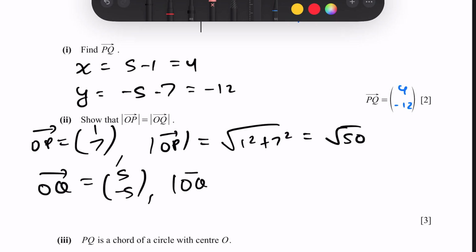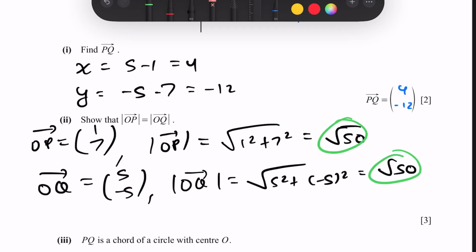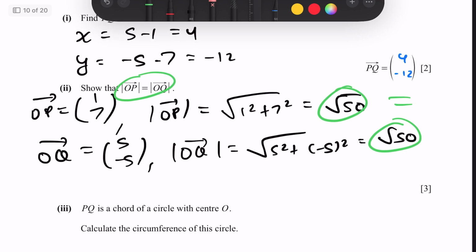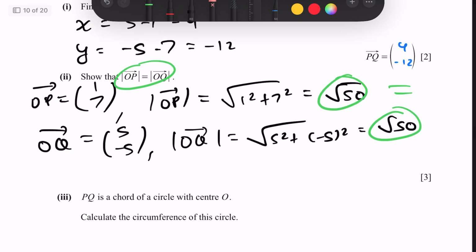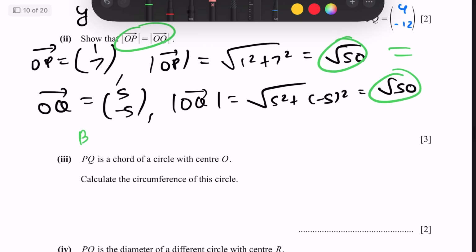So the magnitude of OQ would be equal to the square root of 5 squared plus negative 5 squared, which is also equal to the square root of 50. Since these two values are the same, this means that OP is equal to OQ. You can write a statement in the bottom that says that since the square root of 50, which is equal to OP, is equal to the square root of 50, which is equal to OQ, they are both the same. So I'll just write in this case, both are equal to the square root of 50, therefore the same.